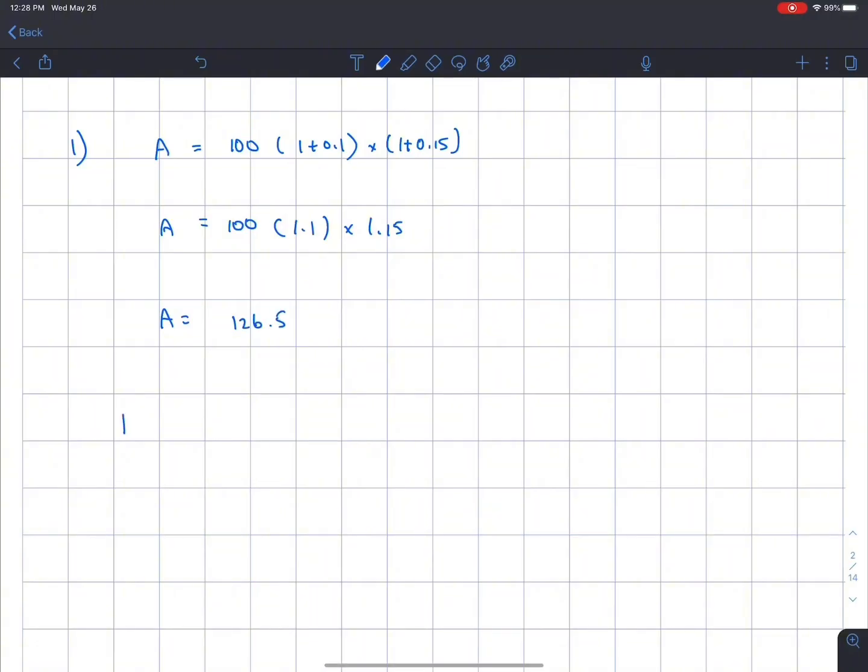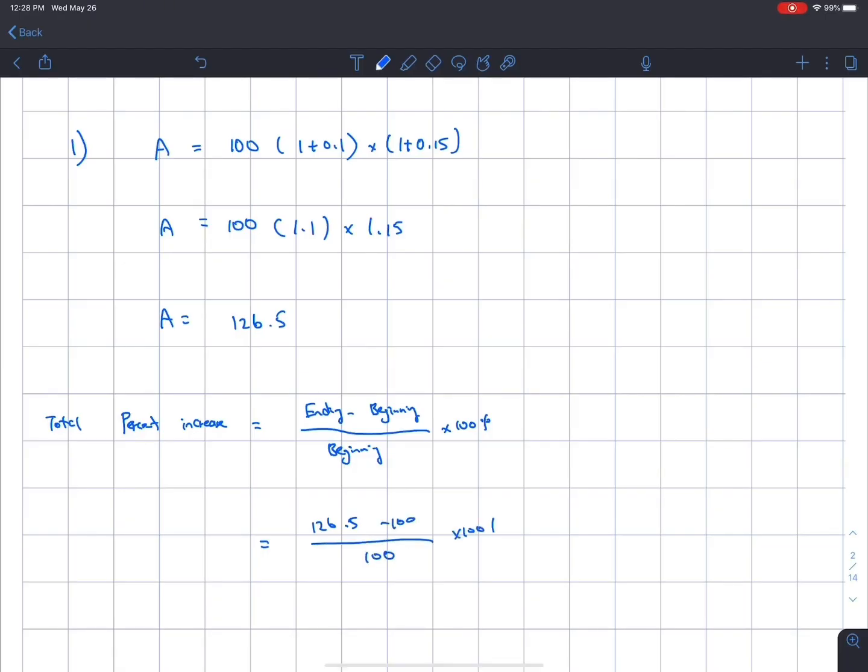So the total percent increase is just the ending minus the beginning divided by the beginning times 100%. So something that you must memorize. That's 126.5 minus 100 divided by 100, the beginning is 100, times 100%. And we should get 26.5%. Right.